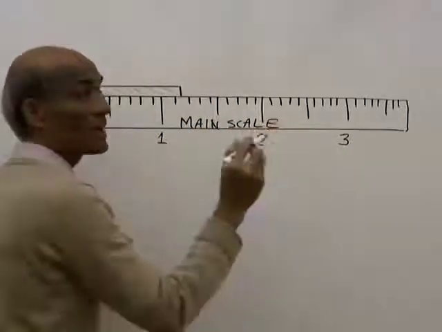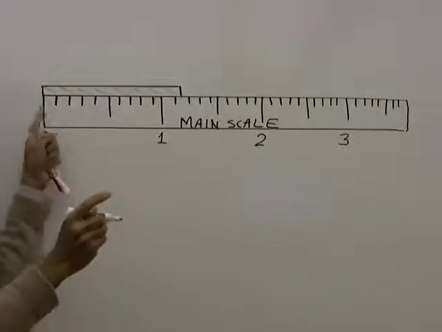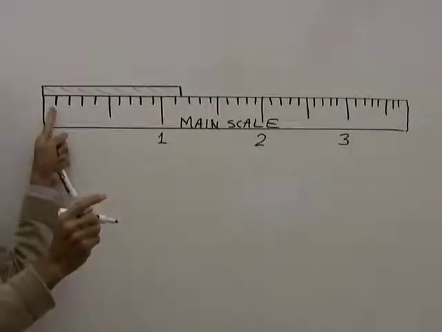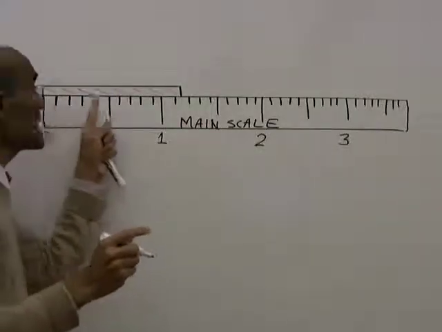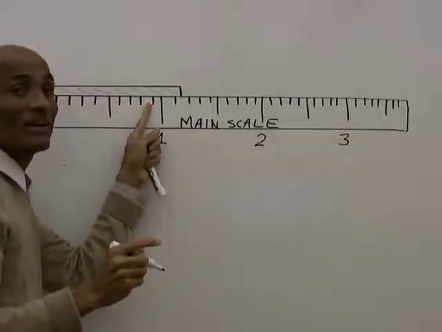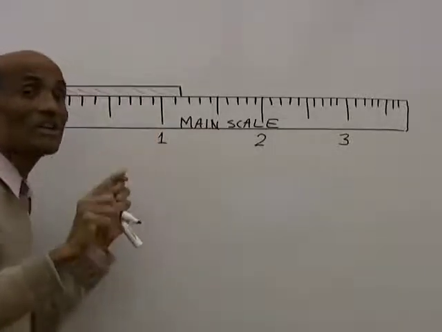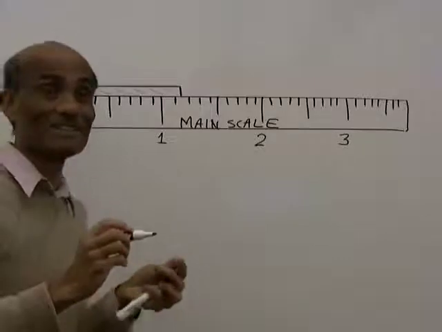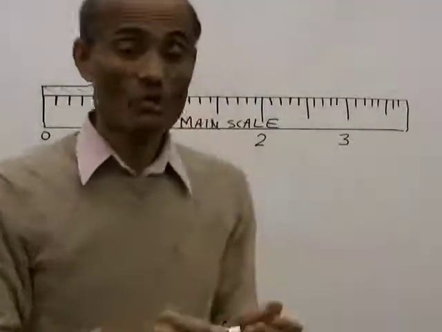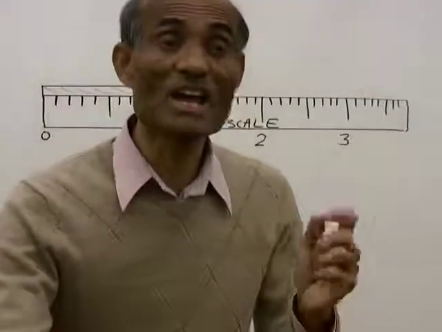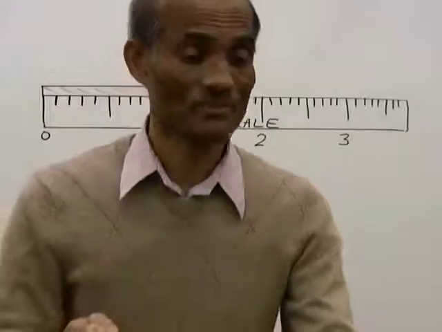Now what is one division on this main scale? It is 1 millimeter. I'm going to take 9 divisions of that and divide that into 10 parts.